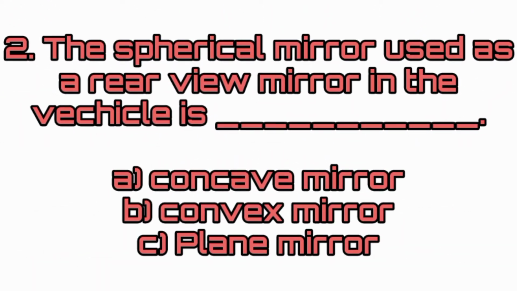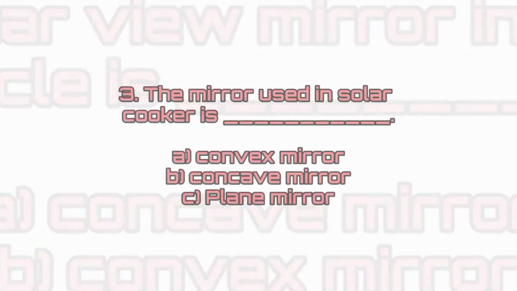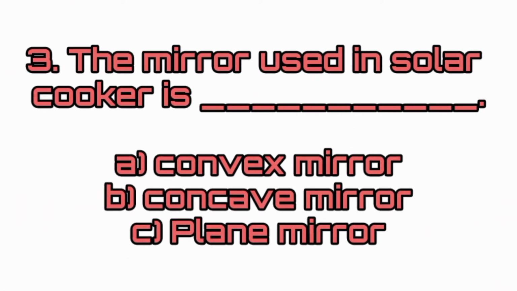Question number 2. The spherical mirror used as a rear view mirror in the vehicle is dash. Answer option B, convex mirror. Question number 3. The mirror used in solar cooker is dash.